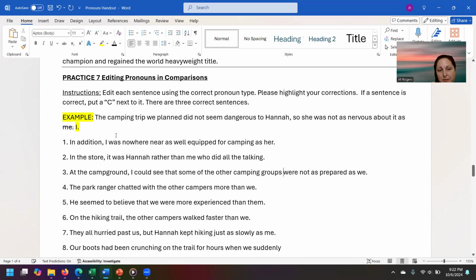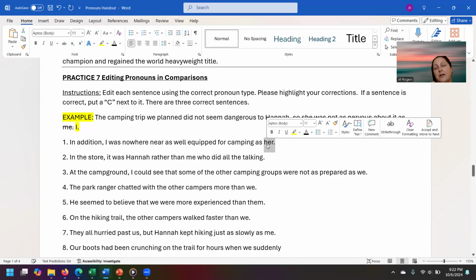We're comparing one person, I, was not as well equipped for camping as she was equipped for camping. So this is actually incorrect and it should be as she. Because we're implying as she was equipped for camping. Okay. So you need to fix that, cross that out, and write she.